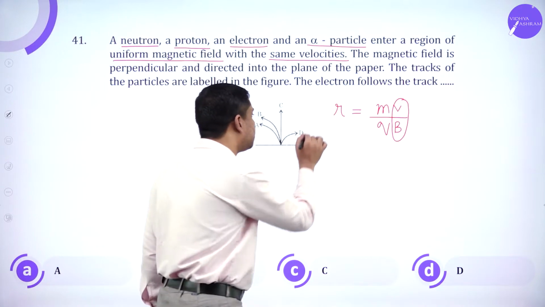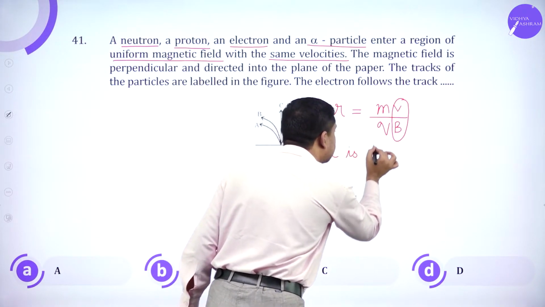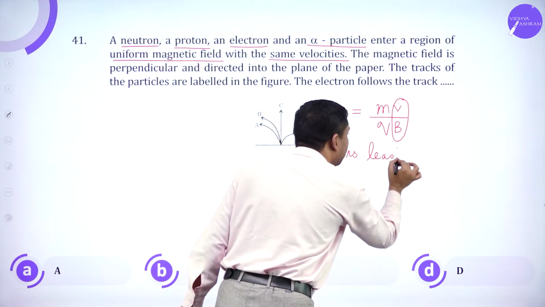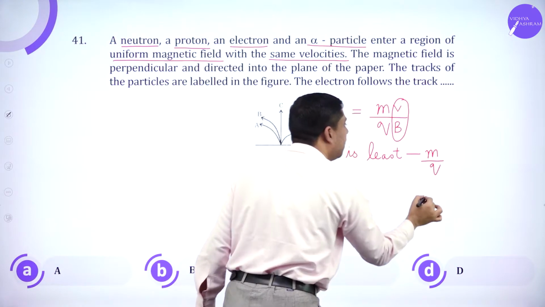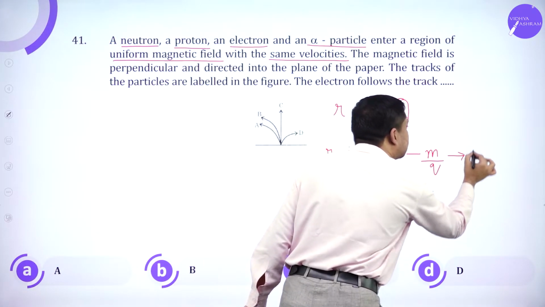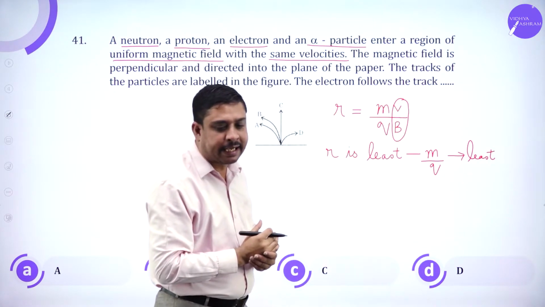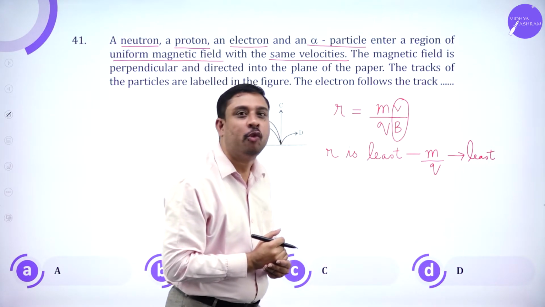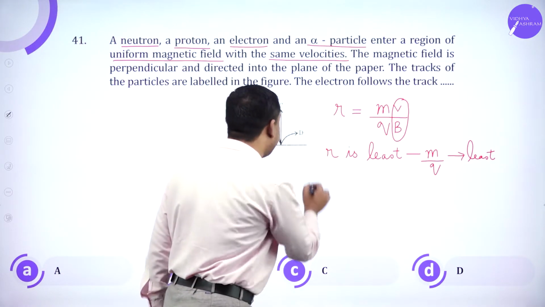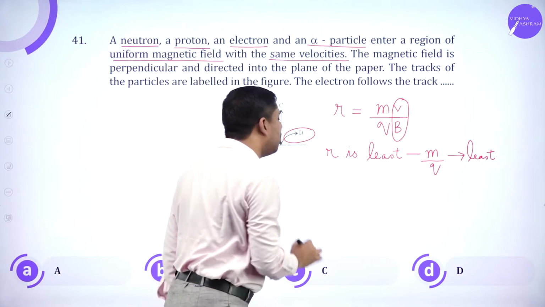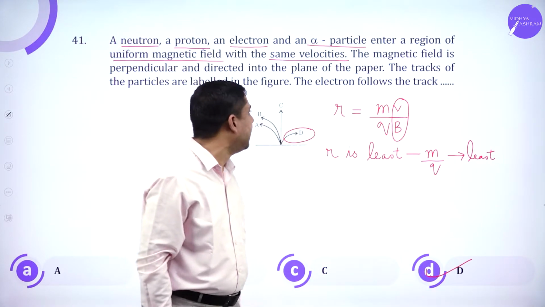That means radius is least if m by q is least. So for which particle m by q will be least? It is the electron. So the electron has to follow this trajectory, what we call as d.